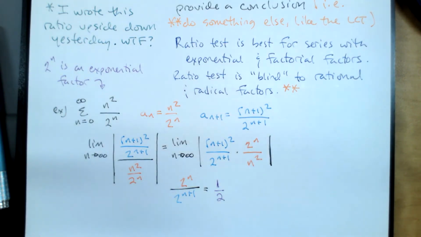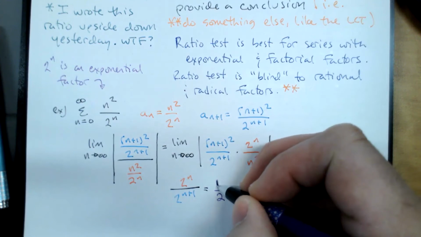If I have 2 to the 5th over 2 to the 6th, 5 of the 2's cancel out, I get 1 half. 2 to the 10th over 2 to the 11th, 10 of the 2's cancel out, I get 1 half. You can also remember that 2 to the (n+1) means 2 to the n times 2 to the 1. Either way, we're left with a half.